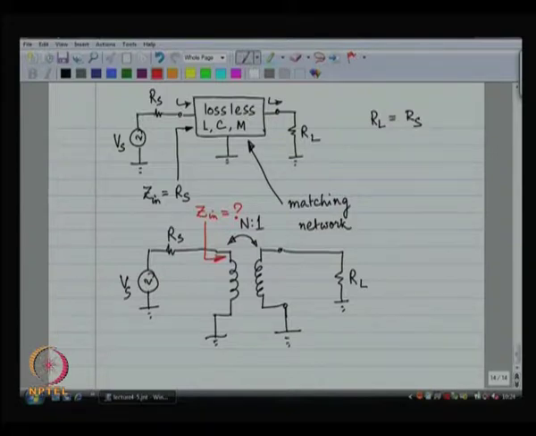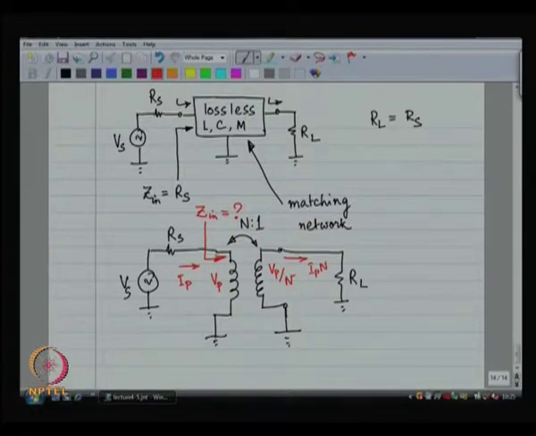Well, what you might remember is that if the primary voltage is V primary, then the secondary voltage is going to be V primary by N. If the primary current is I primary, then the secondary current is going to be I primary times N, because power needs to be conserved.